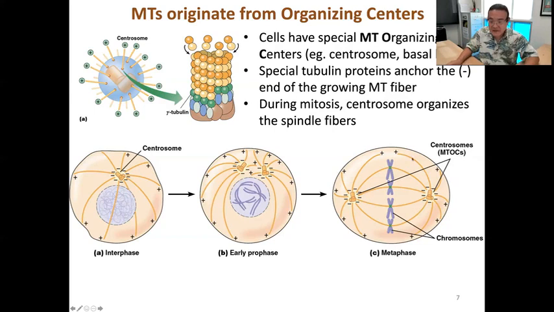During metaphase, now the chromosomes are as tightly condensed as they can be. This is when they are in that familiar stubby X shape that I think most people, when they think of chromosomes, they think they're like this.